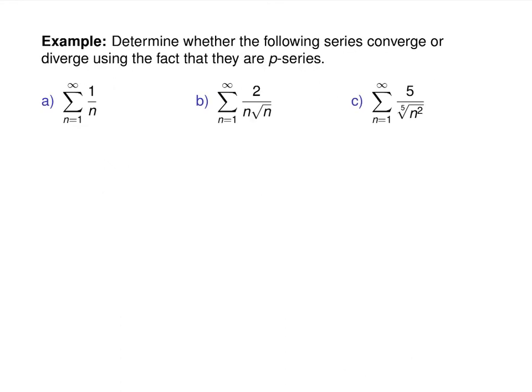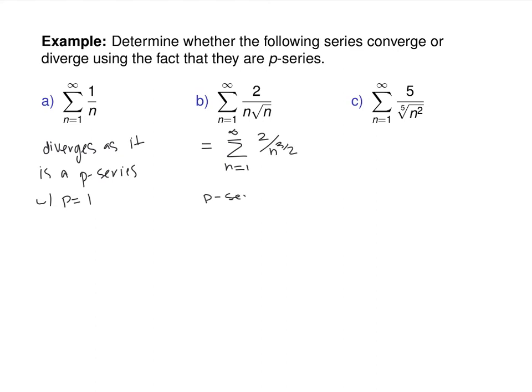So for example, for series A, that's the harmonic series, it's also a p-series. So this diverges as it is a p-series with p equal to 1. This next one technically is the sum from n equals 1 to infinity of 2 over n to the 3/2.